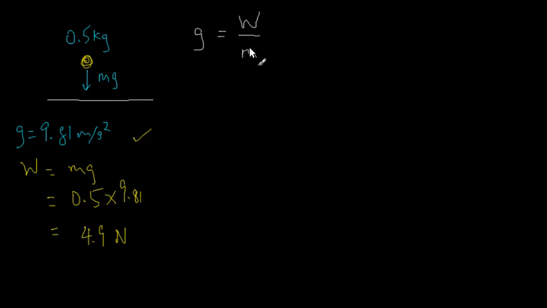So if I have a number of kilograms, then the weight, the force of gravity on the object, divided by the number of kilograms is also equal to g. So this gives me another way to think about g. I can think about g actually as the force per unit mass. So this is a slightly more abstract way to describe it.